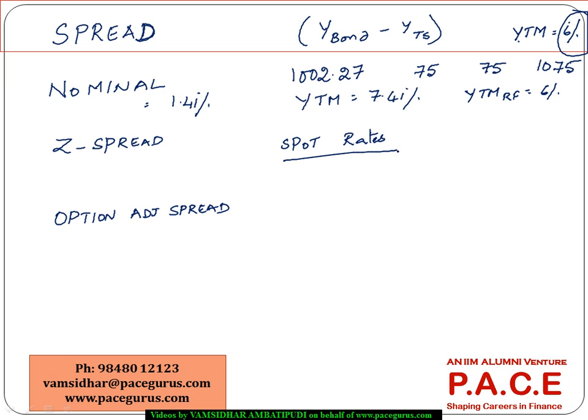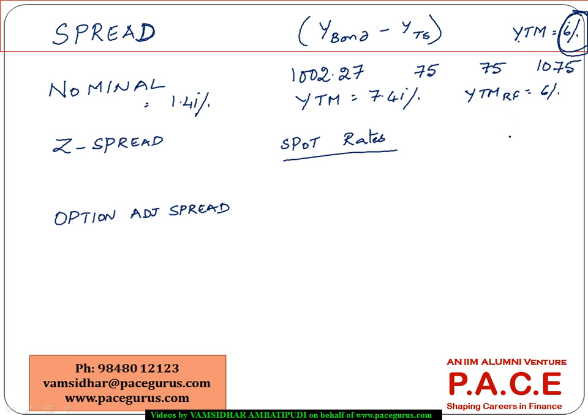I look at the spot rates for each of the 3 years and then discount the cash flows corresponding to that spot rate, and based on that we'll see what the zero volatility spread is. So I don't look at the YTM here.